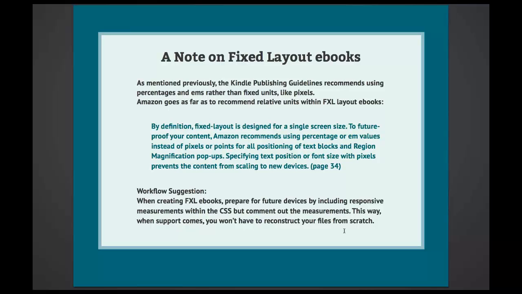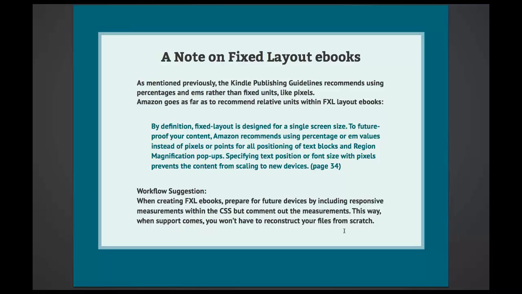Specifying text position or font size in pixels prevents the content from scaling to new devices. So I'm not sure how readily Kindle's fixed layout actually does work with responsive units, but it is good that they're looking that way, and that they hope to have their books be responsive even for fixed layout.